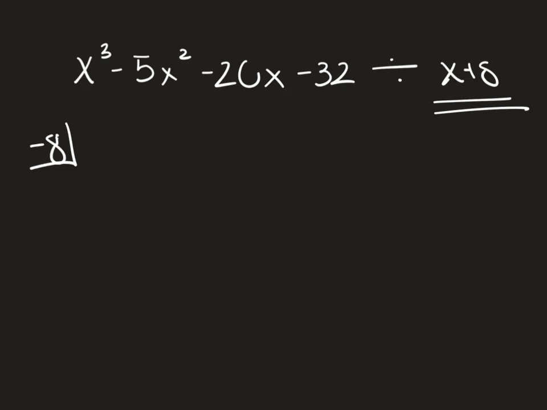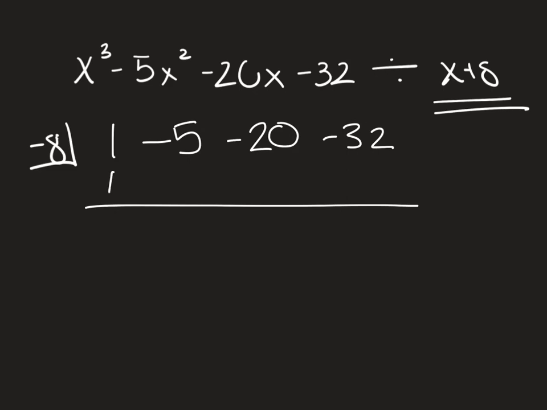So put my 1, my negative 5, my negative 20, my negative 32. You drop down your 1. 1 times negative 8 is negative 8. Negative 5 plus negative 8 is negative 13. 13 times 8 is 104, and a negative times a negative is a positive, so it's going to be a positive 104.